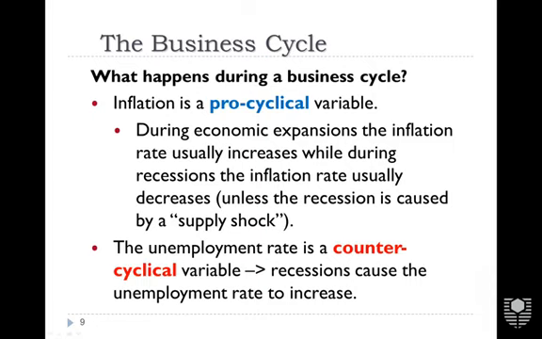Now, inflation is a pro-cyclical variable. That means during economic expansion the inflation rate usually increases, whereas in a recession the inflation rate goes down, unless the recession is because of a supply shock.